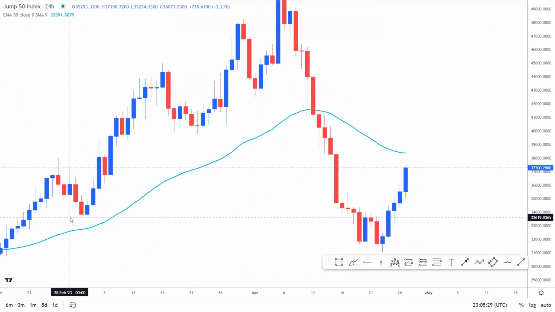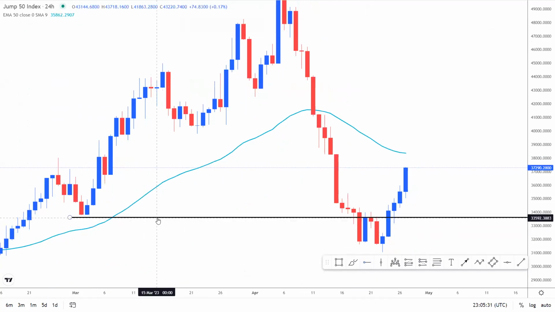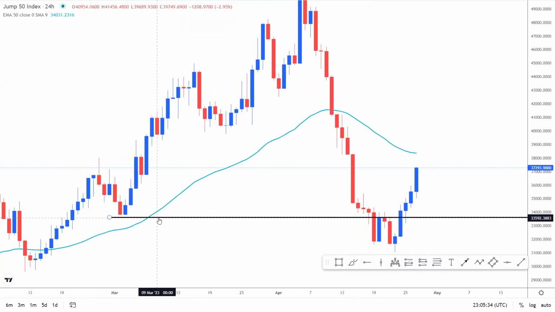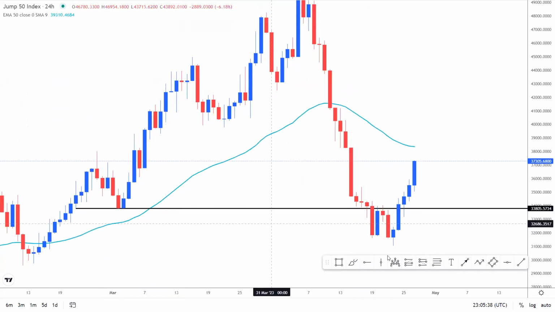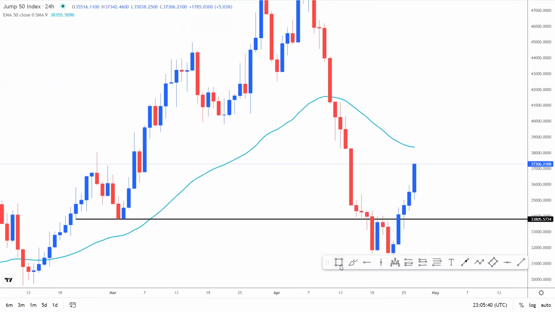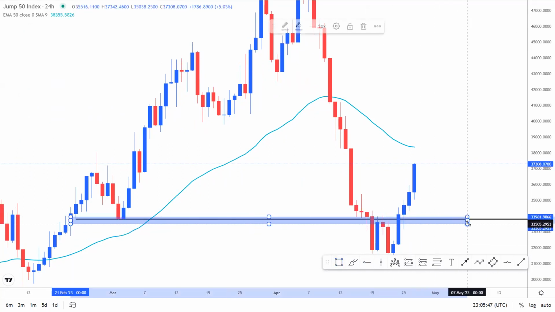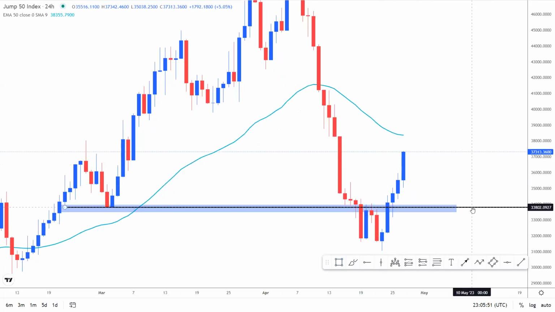So at the level right here, just to make that align perfectly well. Yeah, so we had the daily candlestick break of this level, which was more like a daily key level.